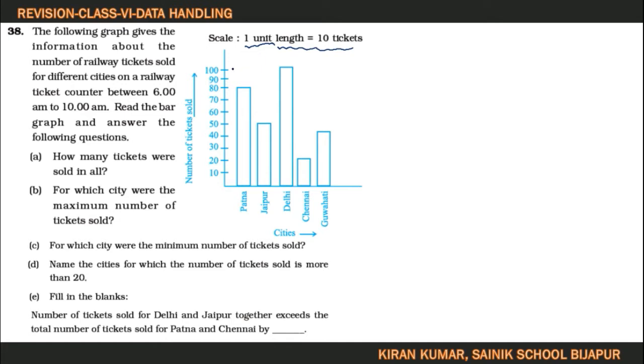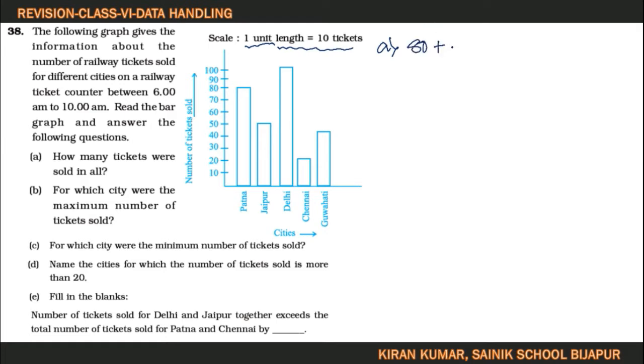The first question here is, how many tickets were sold in all? So we need to identify from the given graph. Let me mention the first one here. With respect to Patna, we have got 80 tickets sold.